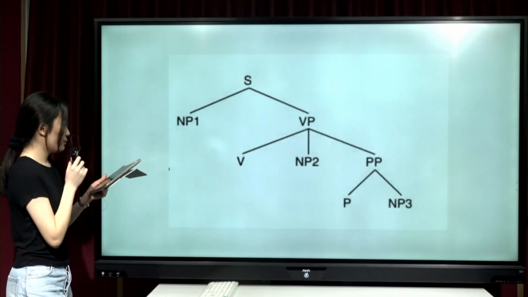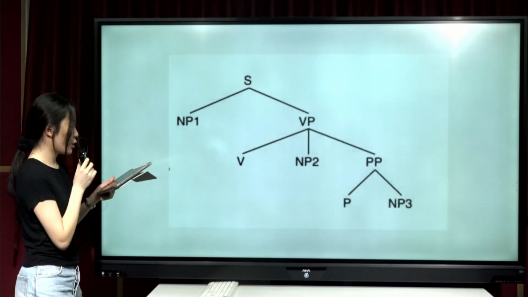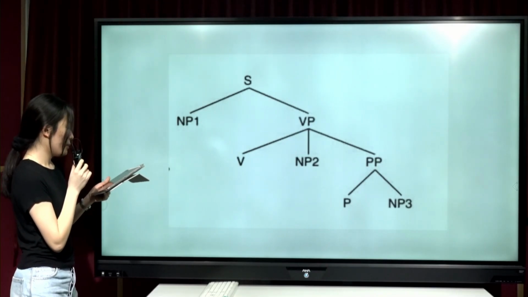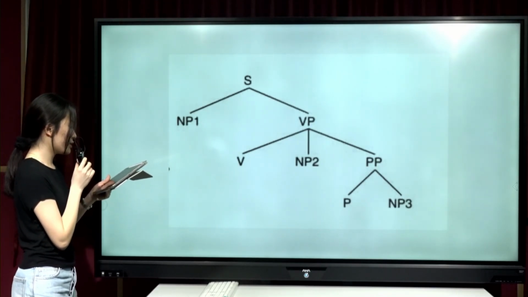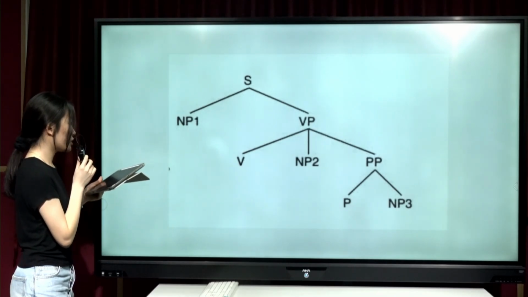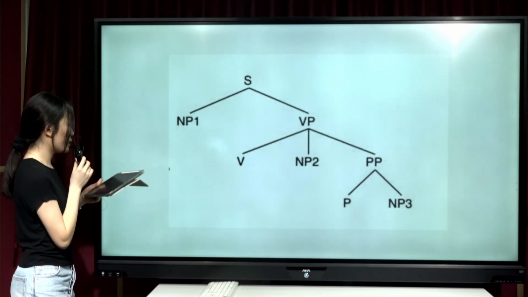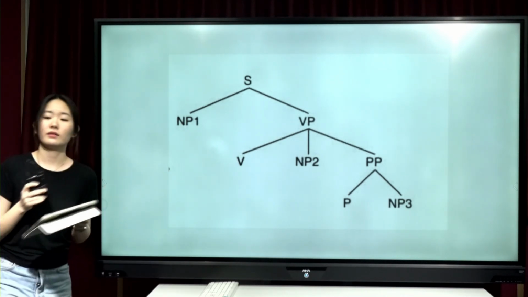But from V and NP2's point of view, they don't have prominence over NP1 because the first branching node of V and NP2 is VP, which doesn't dominate NP1, so they fail to have prominence over NP1.